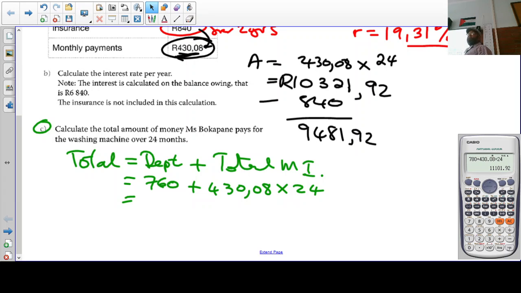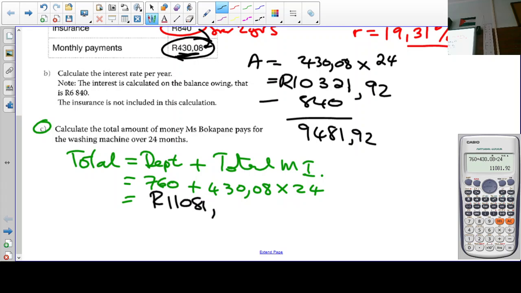Okay, you guys understand? Yes? So it's 11,081 rand and 92 cents.